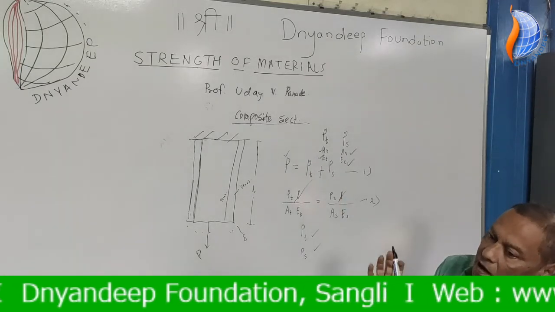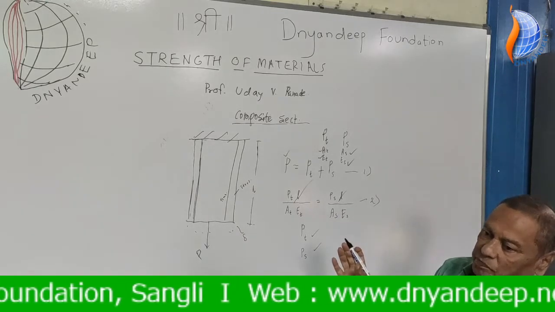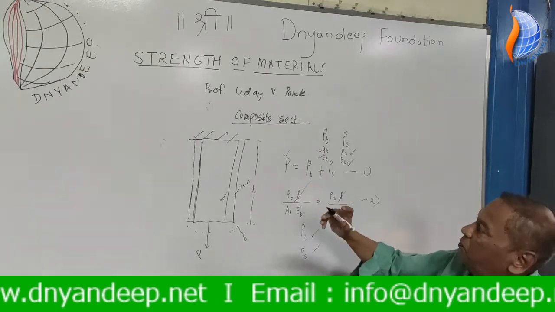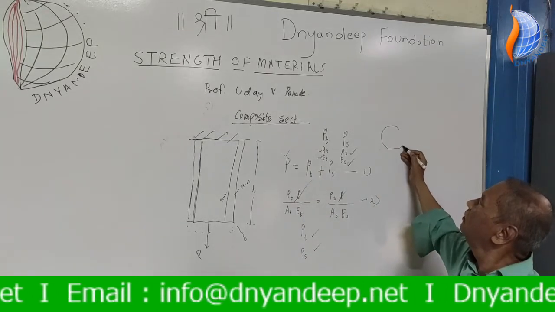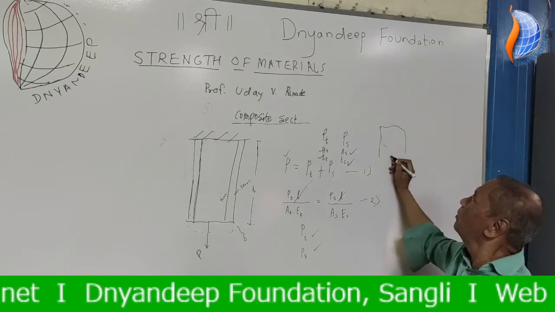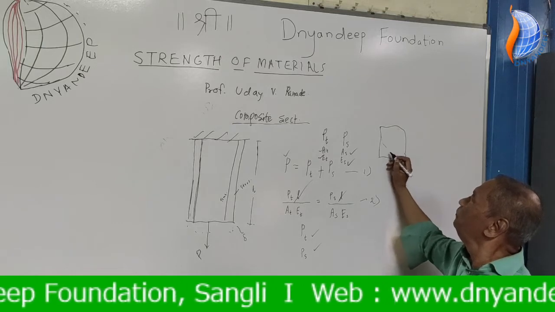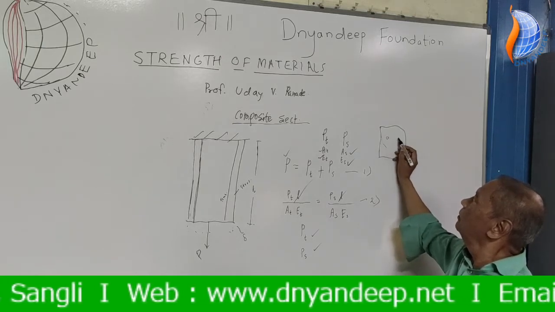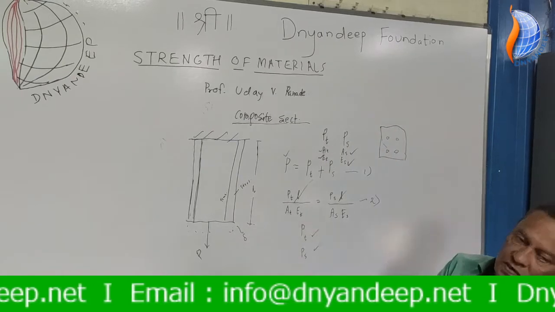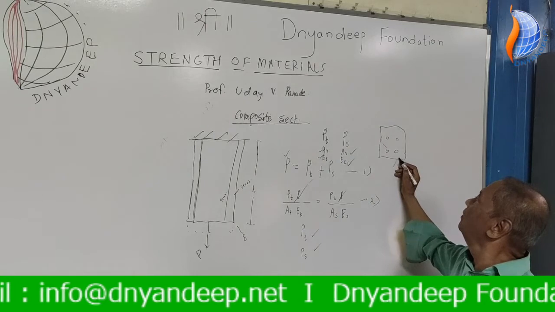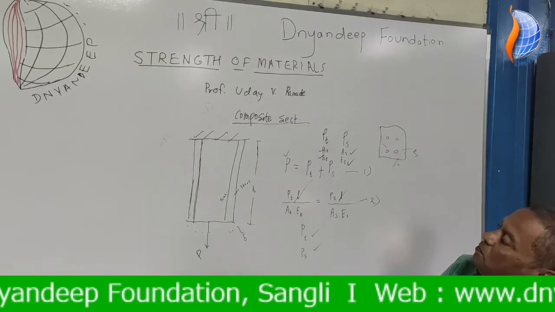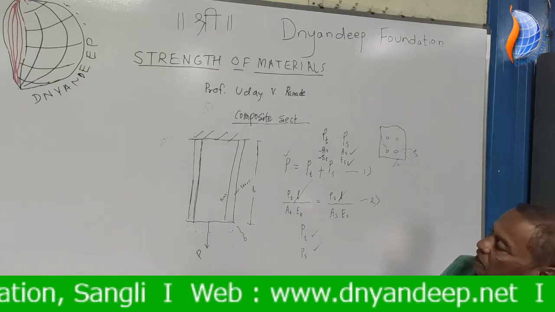Concrete and steel are bound together and they act together. So if you see the cross section, for example, concrete, or in other words, a concrete beam, and there will be steel inside. So this is the cross section. This is concrete, and this is steel. So there is a bond. Bond means what? They act as one.